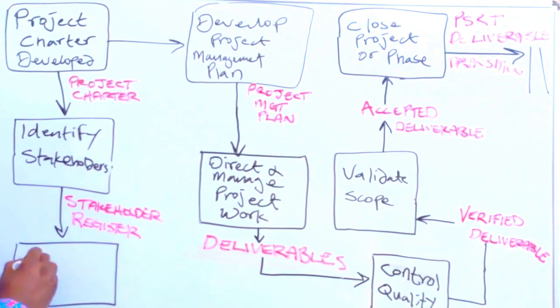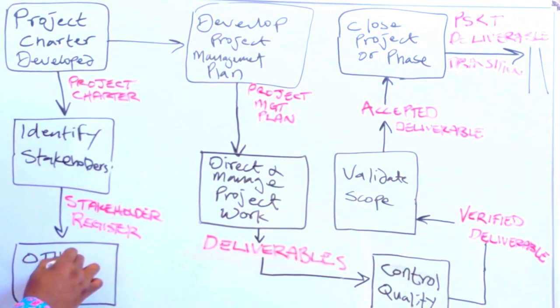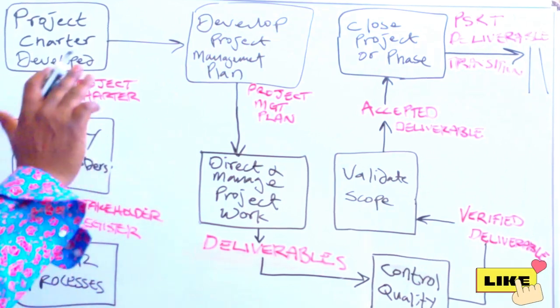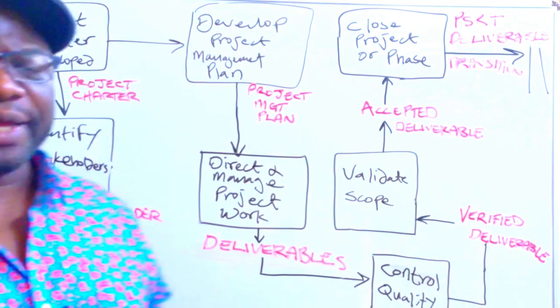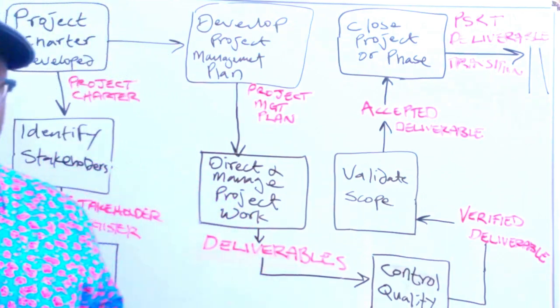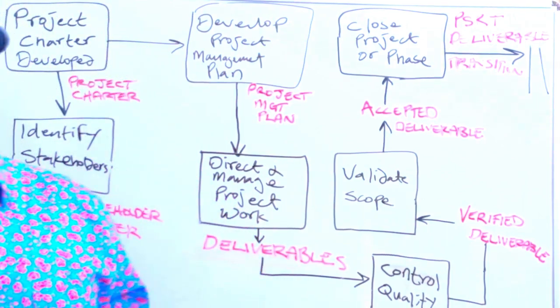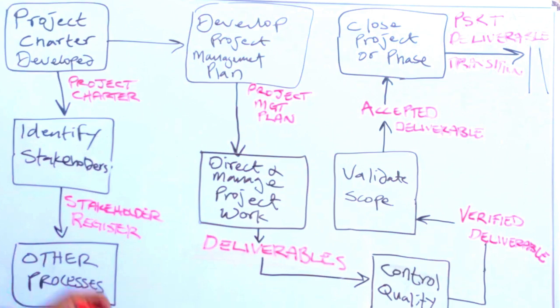So I'll just keep this as a placeholder. Other processes. And there's really no need to memorize other processes it goes. So I'm leaving it very high level for you to just make common sense out of it. But we could use our stakeholder register to understand who do we need to collect the requirements from, who should we call to the risk meetings, and so on.